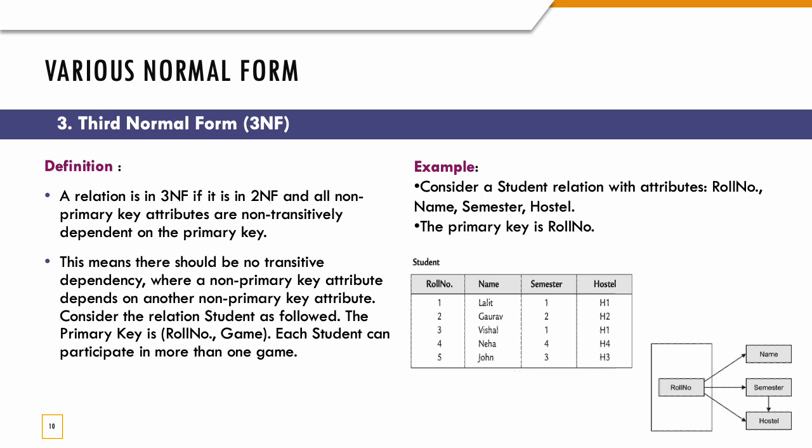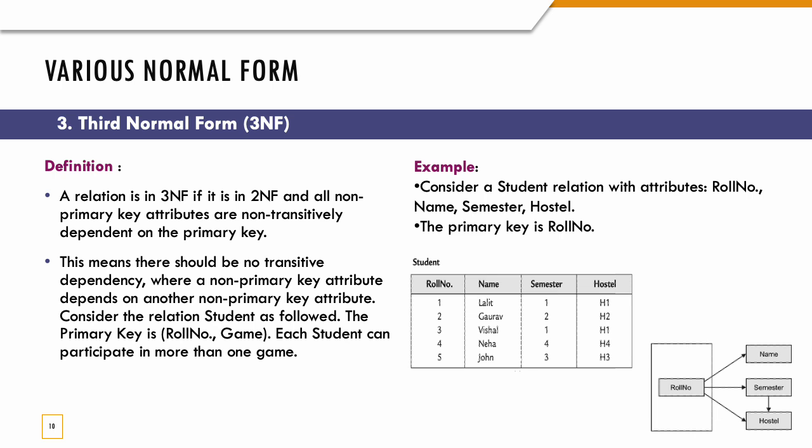Also, there are no transitive dependencies among the non-primary key attributes. A transitive dependency is when a non-primary key attribute depends on another non-primary key attribute rather than directly on the primary key. This can cause data inconsistencies and redundancies.